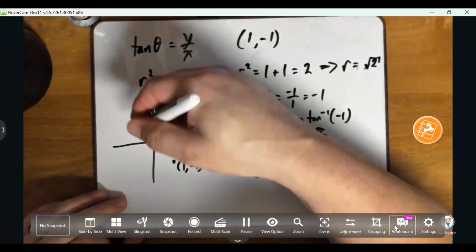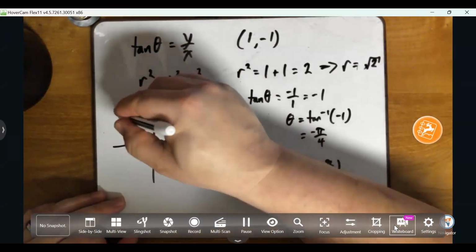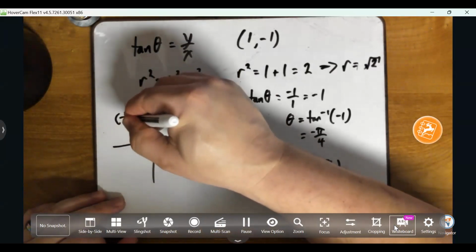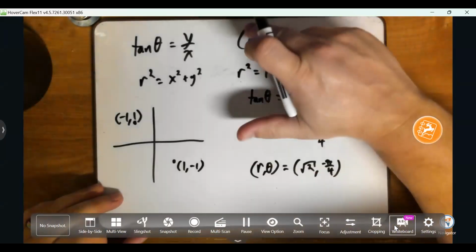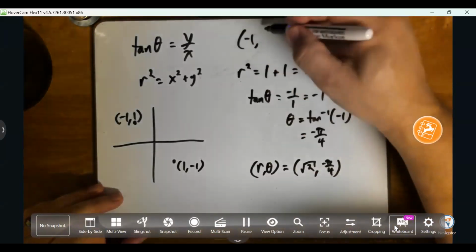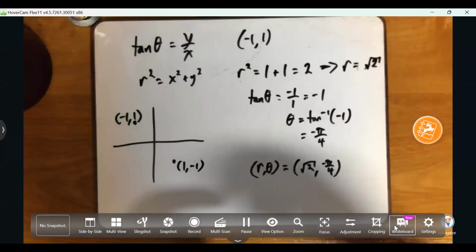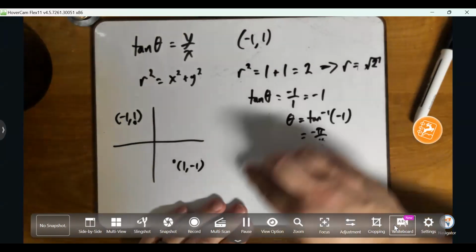Now let's switch this. Now it's negative 1, 1, so it's going to be slightly different for us.